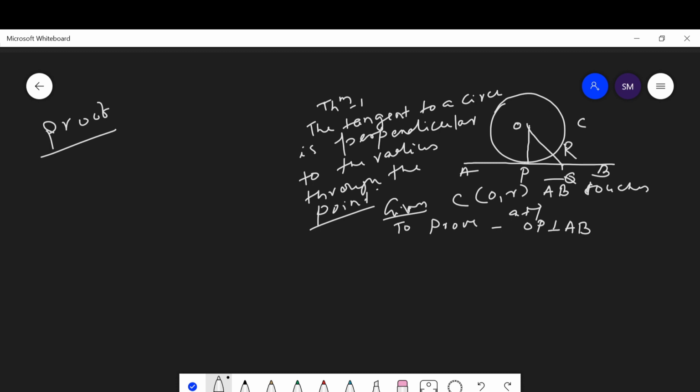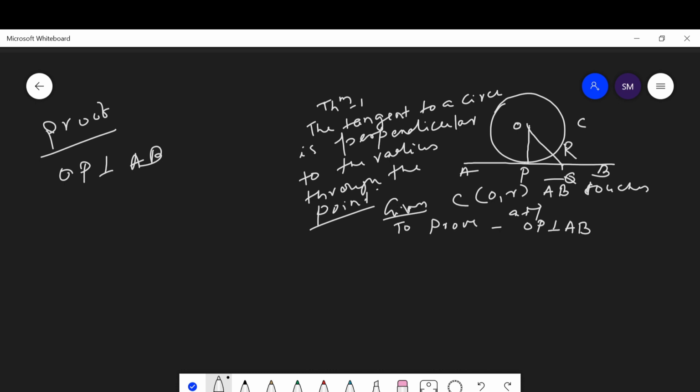To prove that OP is perpendicular to AB, it is sufficient to prove that OP is the shortest distance from O to the tangent AB, because we know that the perpendicular distance is the shortest distance from a point to a line.